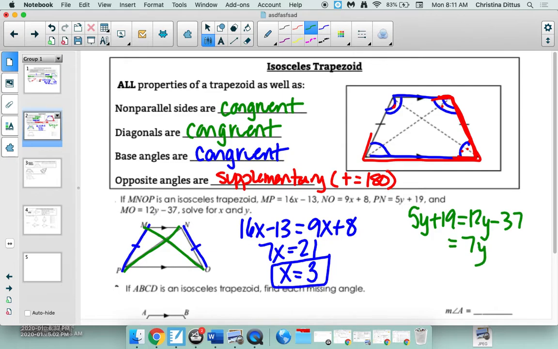Add your 37. 56. Yes, it's 56. So how big is y? 8.